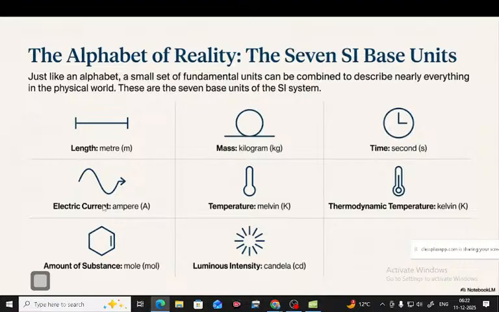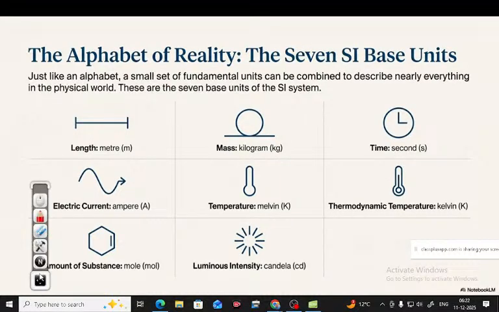Number one is length, measured in meter. Mass is measured in kilogram. Time is measured in second. Electric current is measured in ampere.